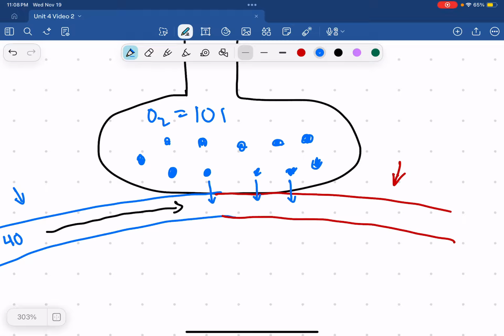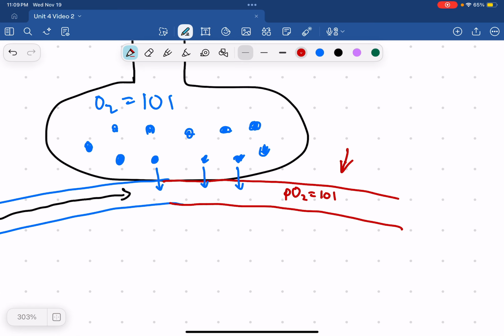And as that happens, the blood becomes more oxygenated, and we move up to a partial pressure of oxygen of around 100, 101, in the venous side of the pulmonary arteries, which will now take oxygen and transport it to different tissues in the body. Bring it back to the heart, it will distribute it, right?